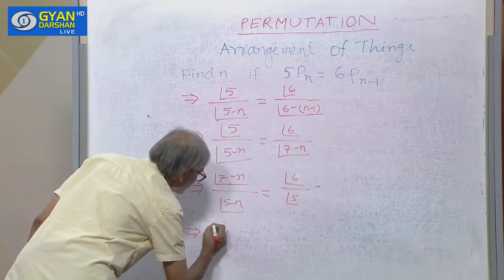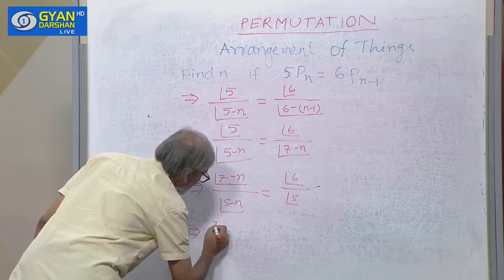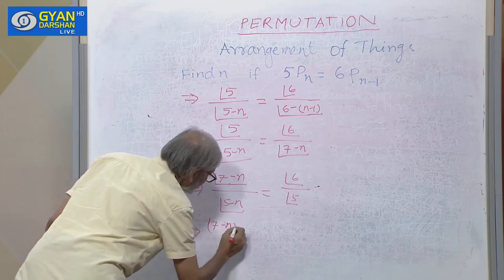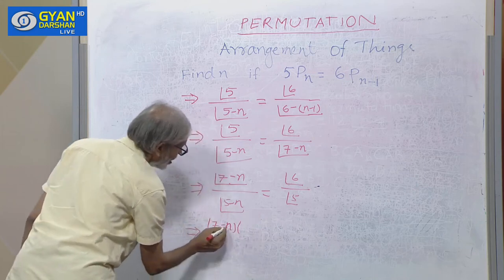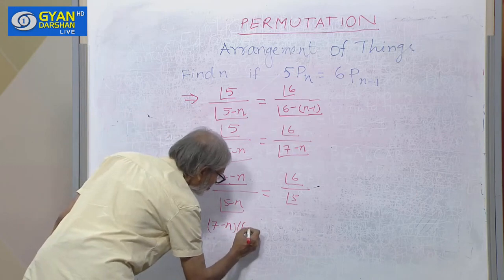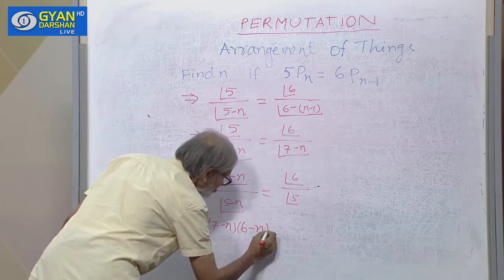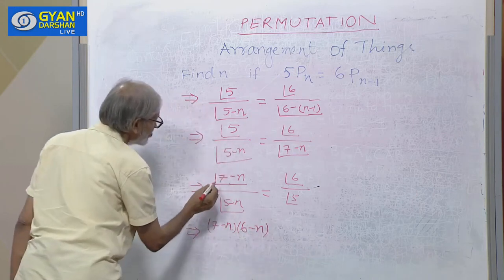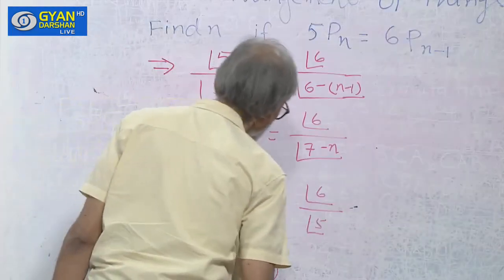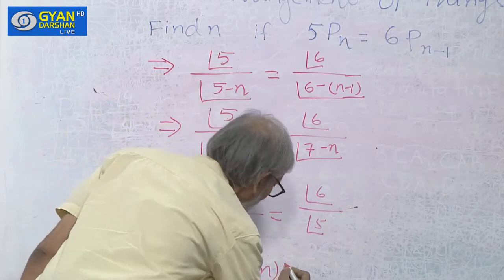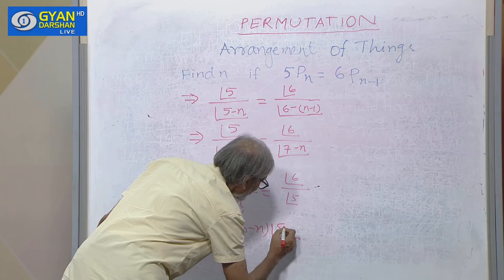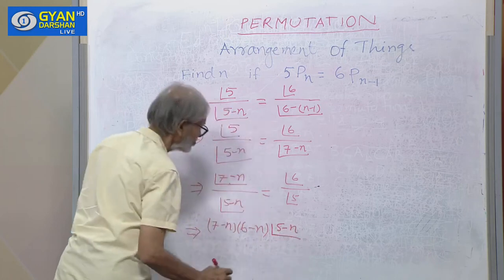This will give, let us factorize it: 7 minus n, then the next term will be minus 1. So it will become 6 minus n, and the next term will be 5 minus n, and it goes till 1. So we can write it as factorial 5 minus n, isn't it?